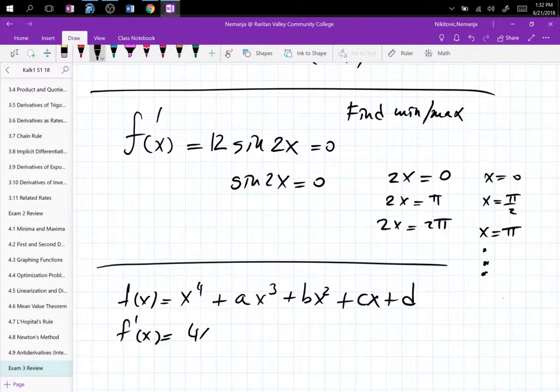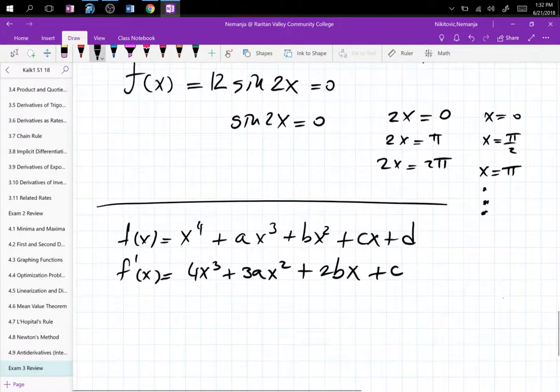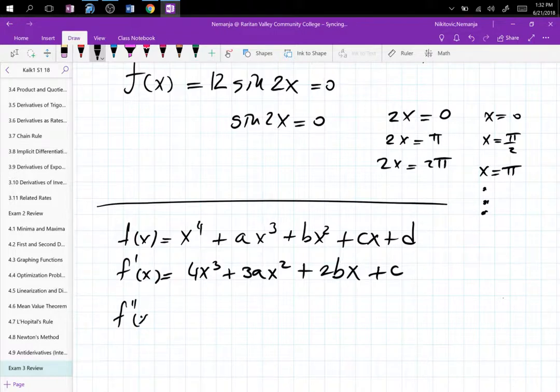So first derivative is 4x cubed plus 3ax squared plus 2bx plus c. And then we have f double prime of x is equal to 12x squared plus 6ax plus 2b. It has 0 or 2 inflection points.